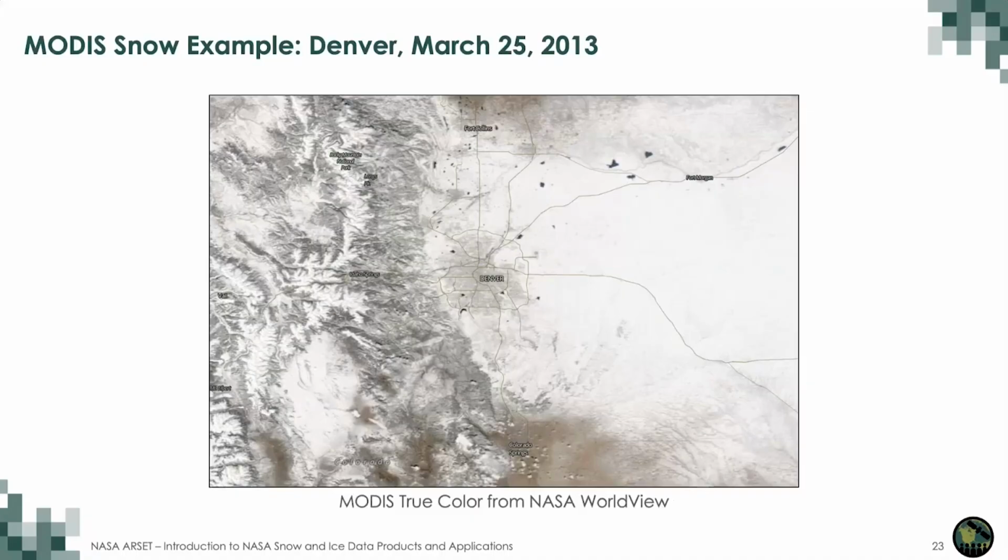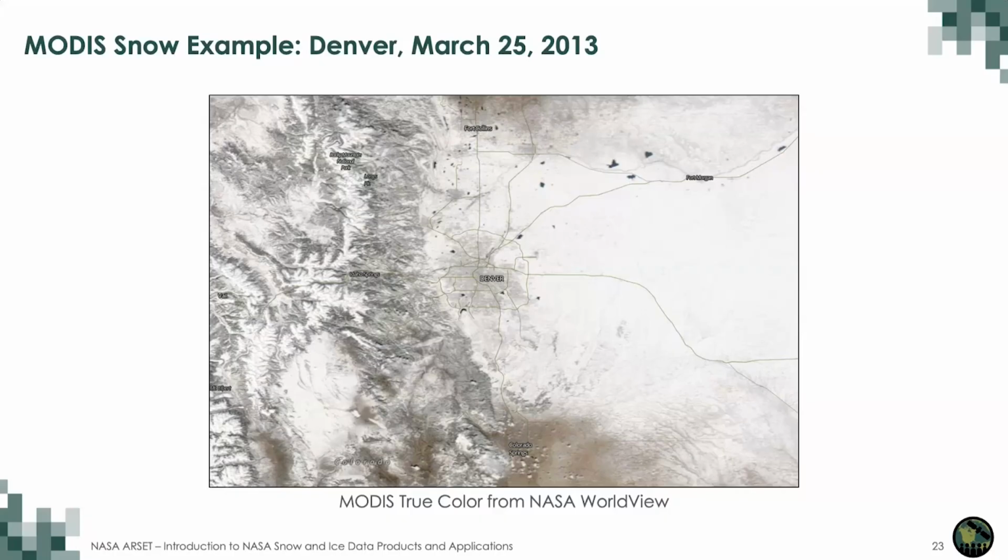So I'll go through a quick example here. This was a snowstorm in the Colorado region near Denver, near where the National Snow and Ice Data Center is, on March 25th of 2013. This is a true color image from NASA Worldview. It takes three channels, red, green, and blue, and composites them together to get something that looks like what we normally see with a camera or with our eyes.